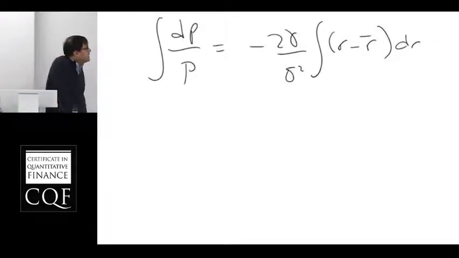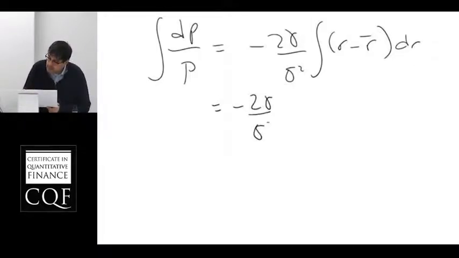Now, the term on the right-hand side, we could integrate that, but then we would have to do some completing the square on the exponent. What we can do instead is the following. If we note the following, we won't have to do any integration at all.